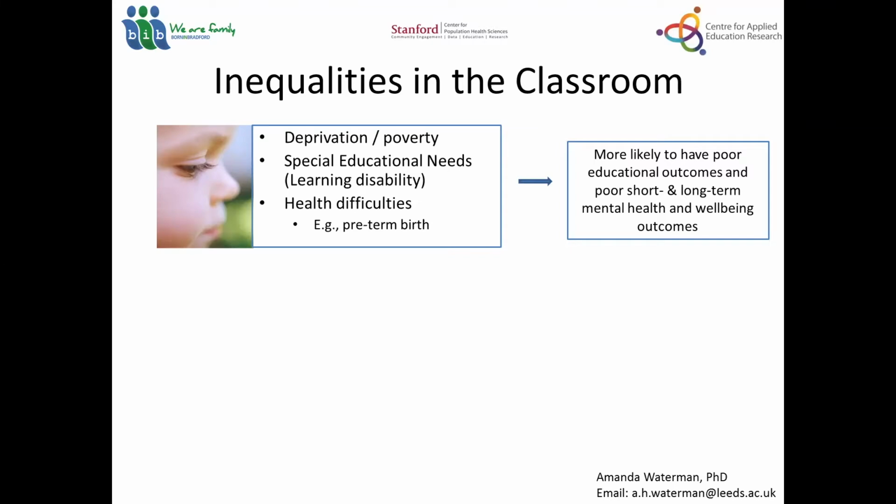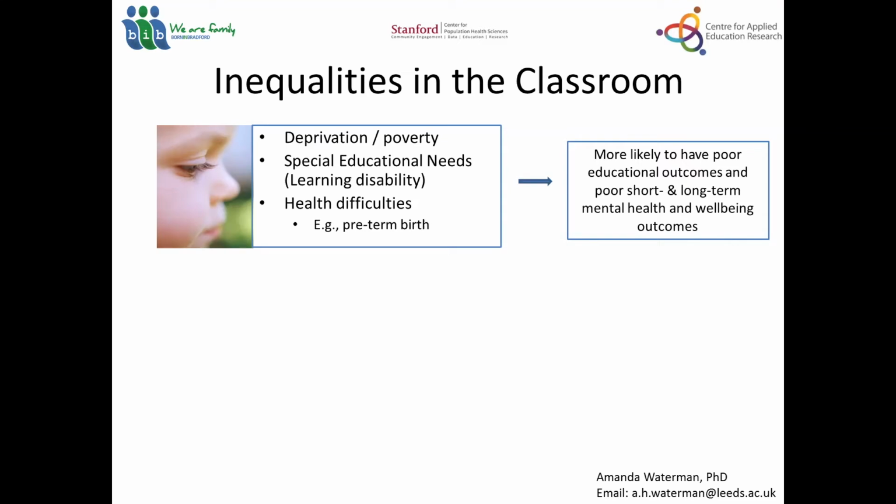Having a special educational need, or what's often referred to as a learning disability in the US. So a special educational need in the UK sometimes comes with a formal diagnosis of a disorder like autism or dyslexia or attention deficit, or it can also include children who have a learning difficulty of some sort but don't necessarily have a diagnosis but clearly have difficulties in learning or in the classroom.